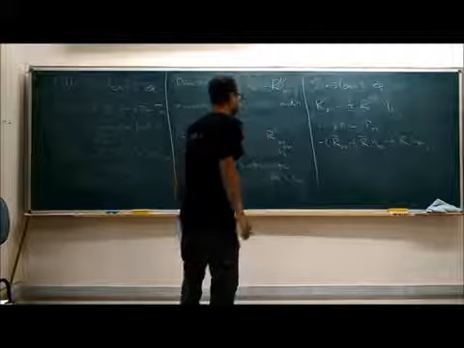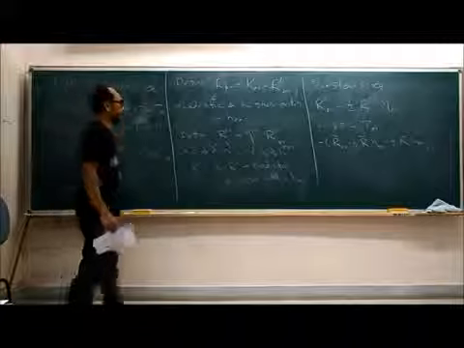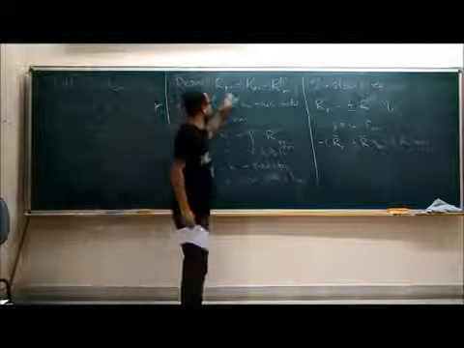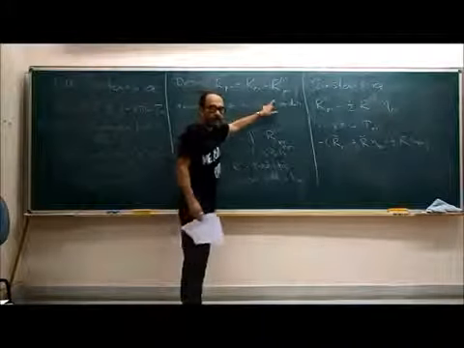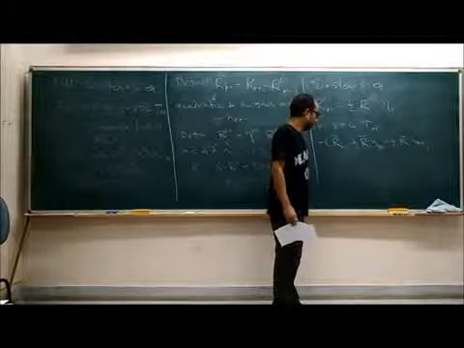So what did you do? R mu nu I wrote as R tilde mu nu plus R1 mu nu. Then R tilde has come on the right hand side. So that's why it's minus R tilde mu nu.